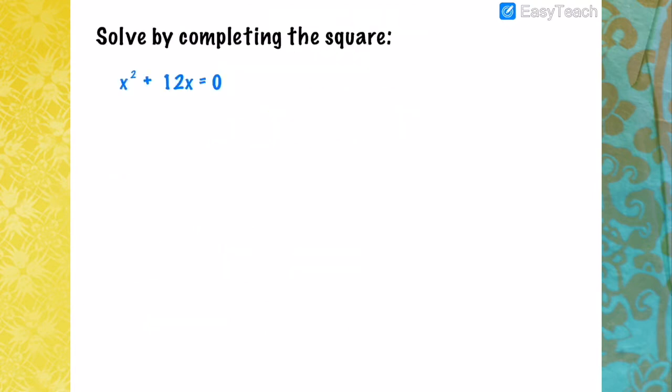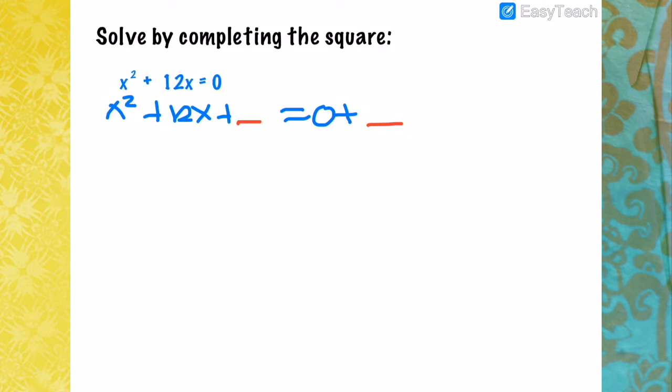So how do we solve by completing the square? The first step is to make one side a perfect square by adding a blank to both sides. So since this is not a perfect square, we will add a blank to both sides. So this would be x² + 12x + blank = 0 + another blank.